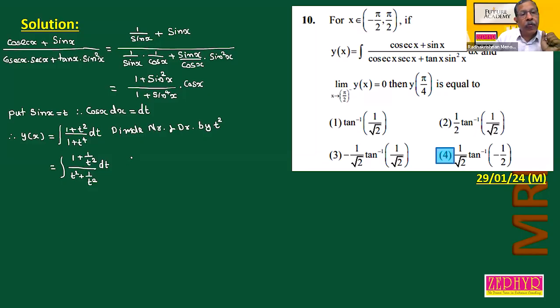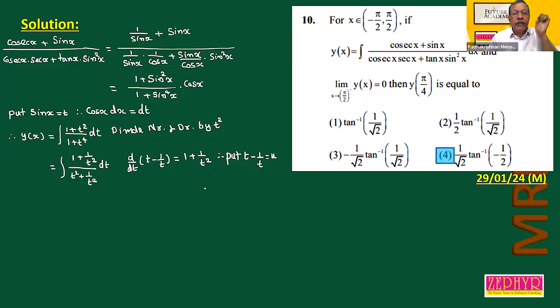The derivative d by dt of t minus 1 by t is 1 plus 1 by t squared. That is why we give another substitution. Therefore put t minus 1 by t equal to u.